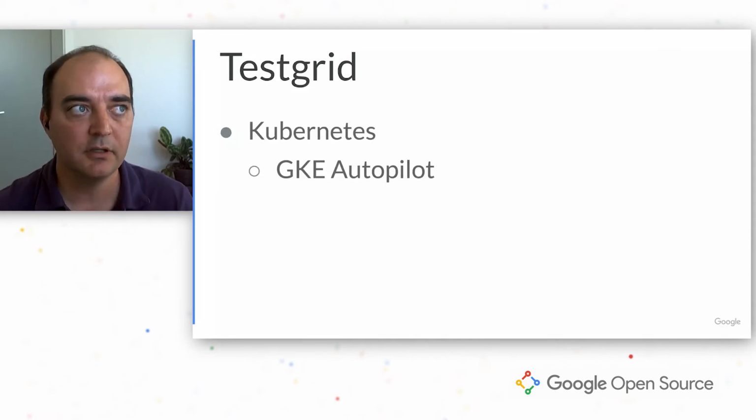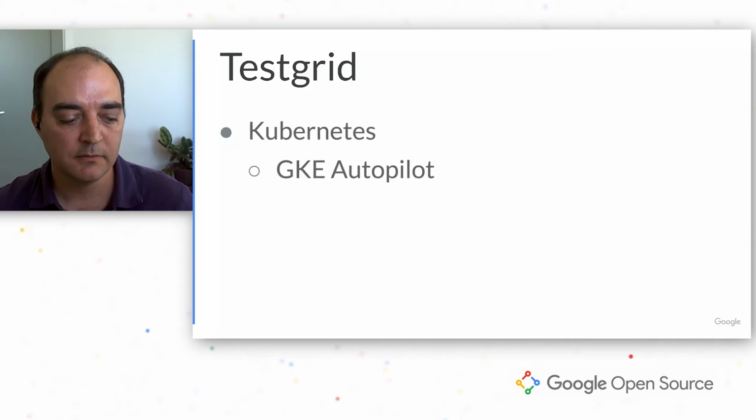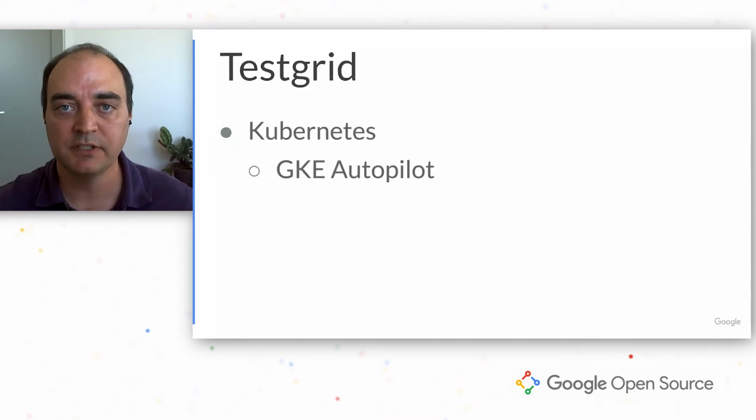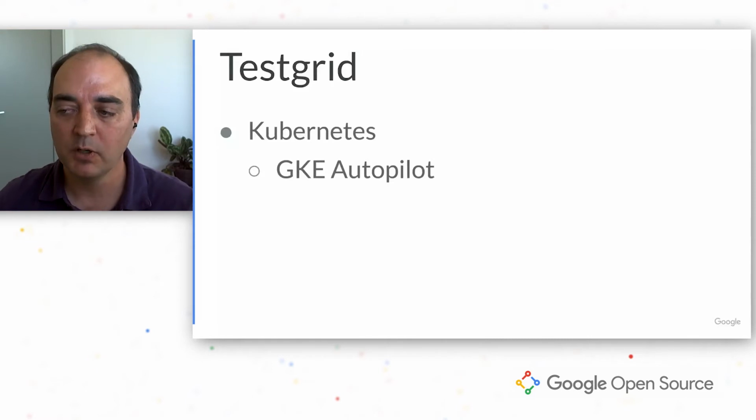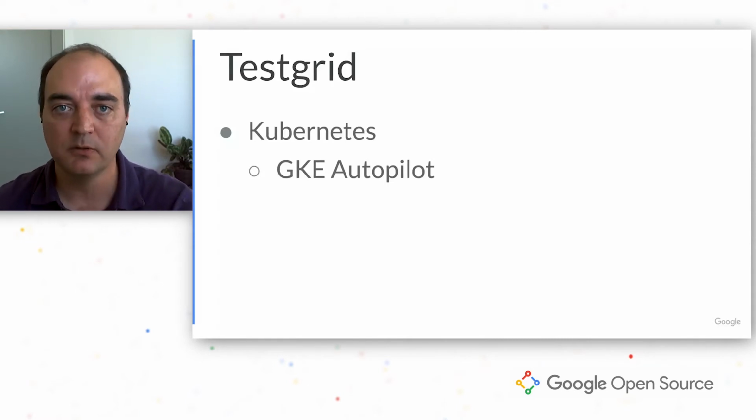This is a new way of running a Kubernetes cluster that makes all of the nodes invisible to you. We really like this because it frees us from having to worry about exactly how many VMs we want to use, or what OS they're running, or how many CPU or how much RAM to put on those VMs.